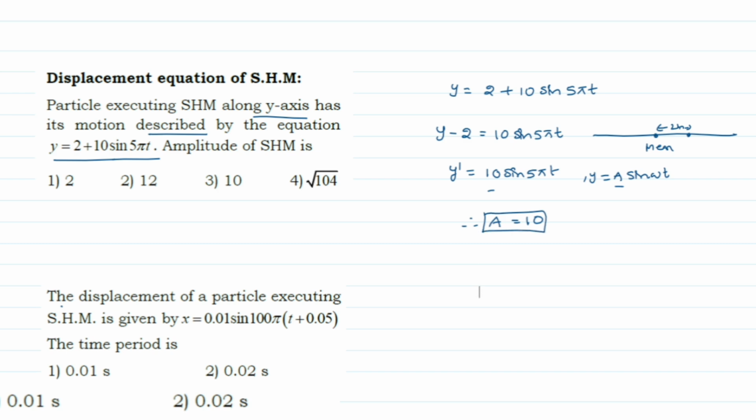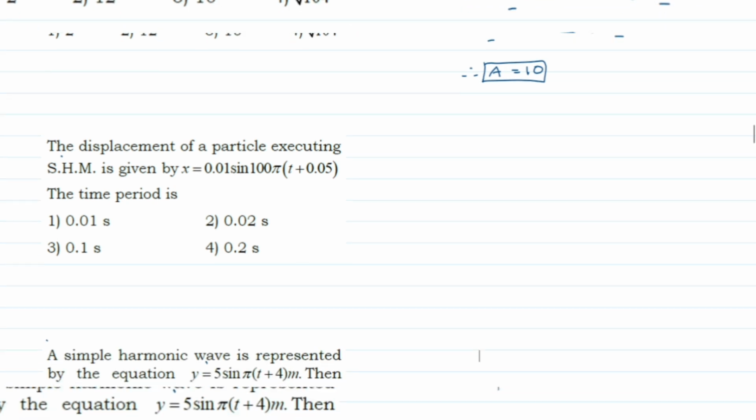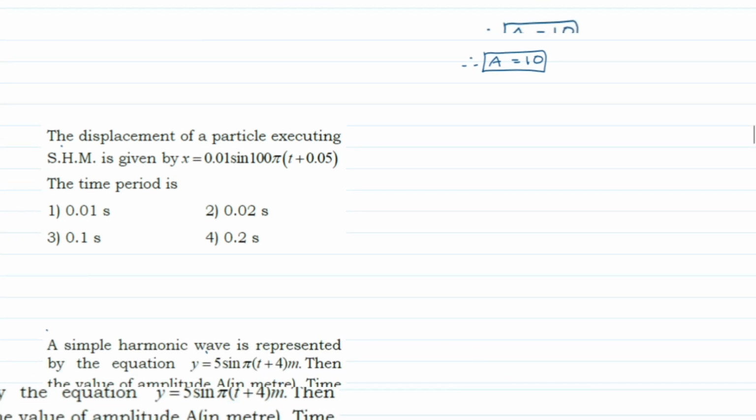Now let us see the next question. The displacement of the particle executing SHM is given by x equals 0.01 sin 100 pi into t plus 0.05. Now the time period they are asking.